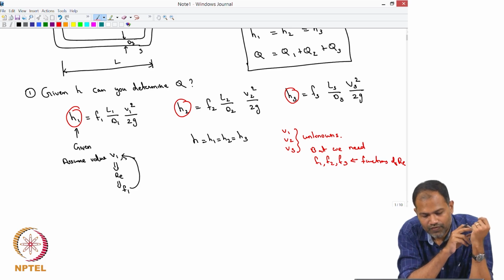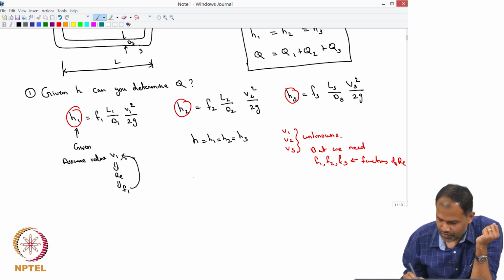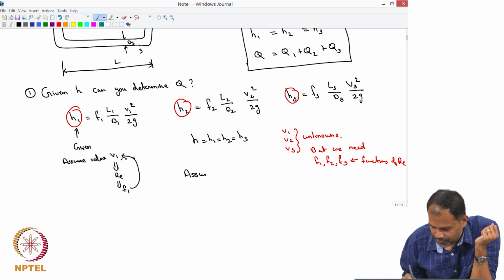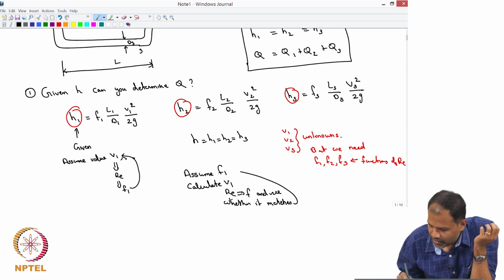Another way of doing it is to start by assuming F1. Since you know H1, calculate V1, then calculate the Reynolds number, and then calculate F and see whether it matches with the F1 you have assumed.